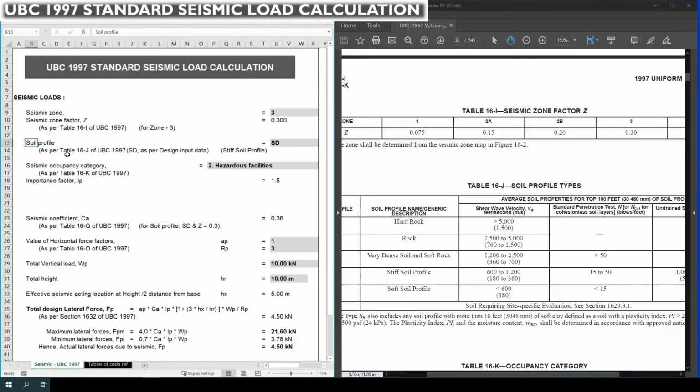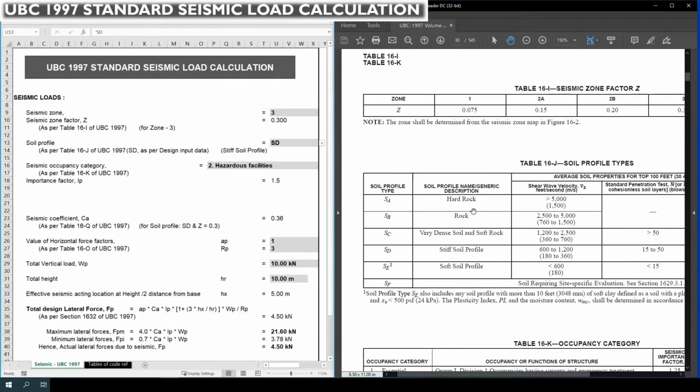That soil profile we can generally find out from the geotechnical report. These soil classifications are listed here in table 16-J on the right hand side, that is page 30.